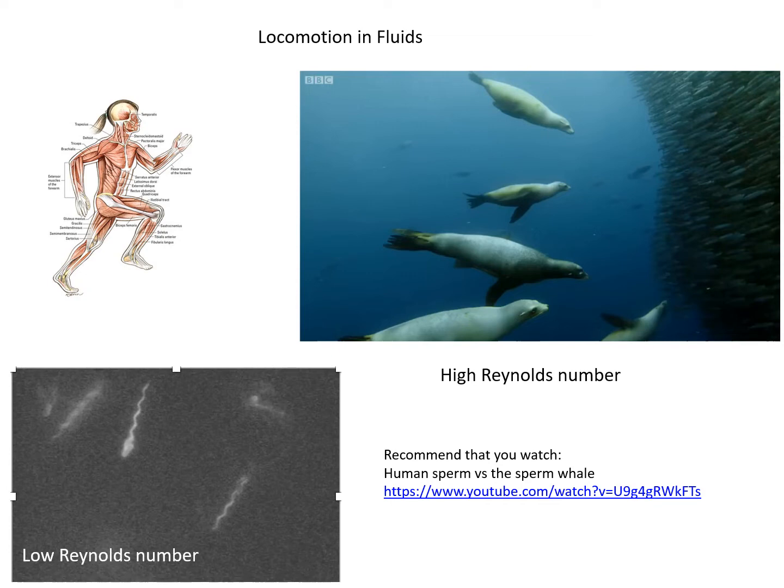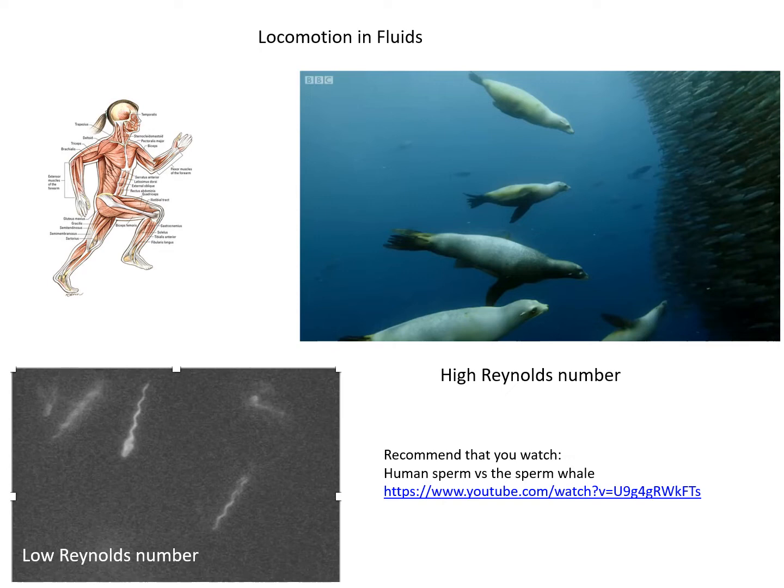It's called Human Sperm versus the Sperm Whale. I also have a link on Canvas. And this does a really excellent job at explaining Reynolds numbers, what the number is, the history of it, and why it's so important in understanding movement in fluids.